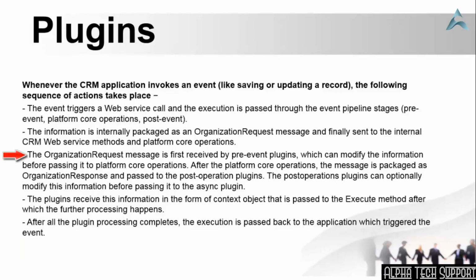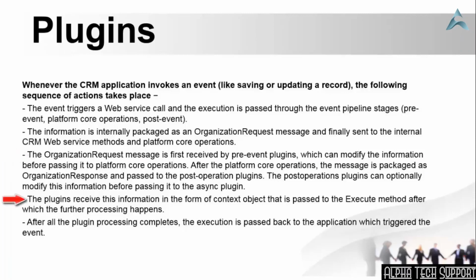After the platform core operations, the message is packaged as an organization response and passed to the post-operation plugins. The post-operation plugins can optionally modify this information before passing it to an async plugin.